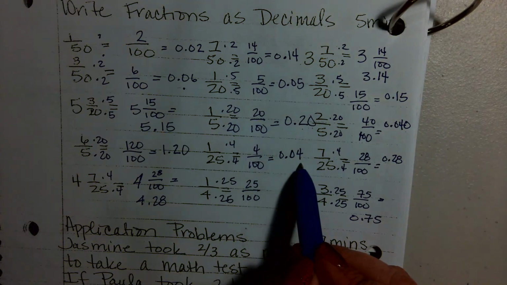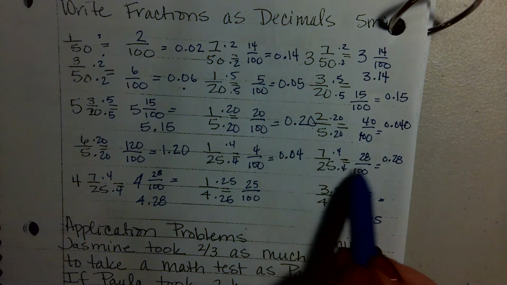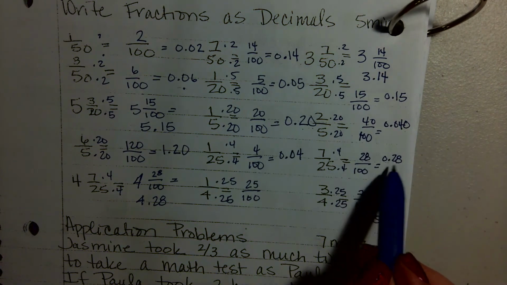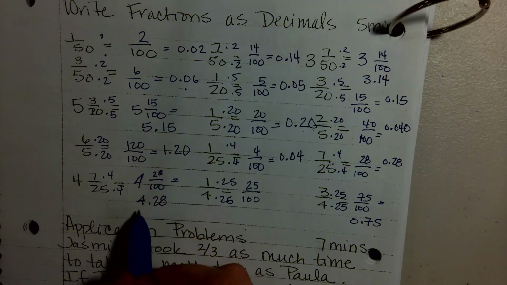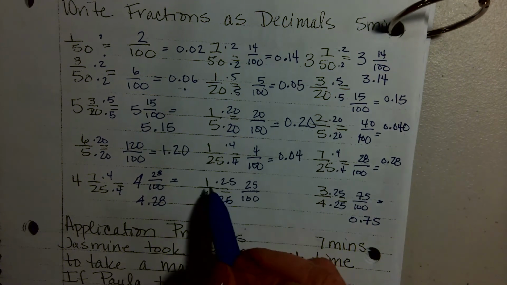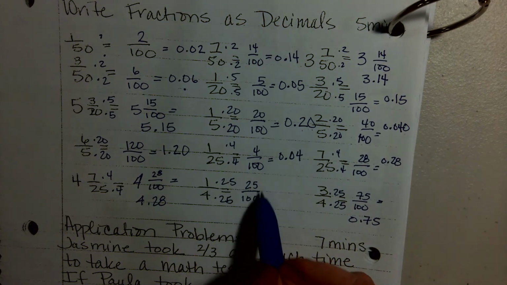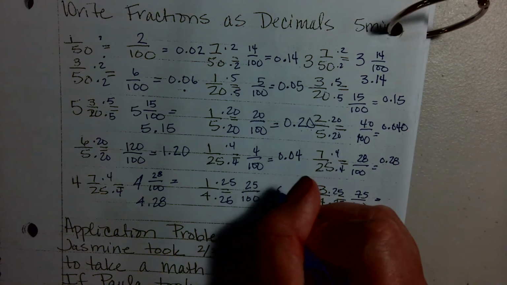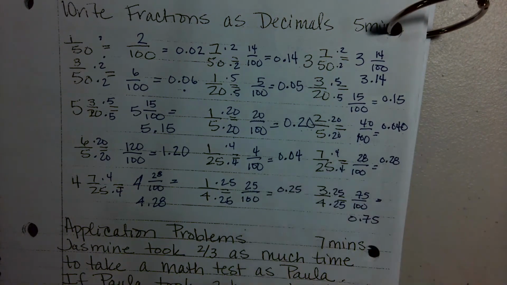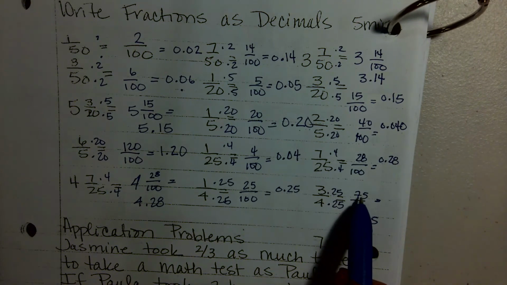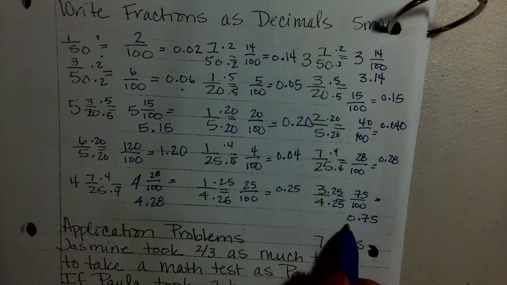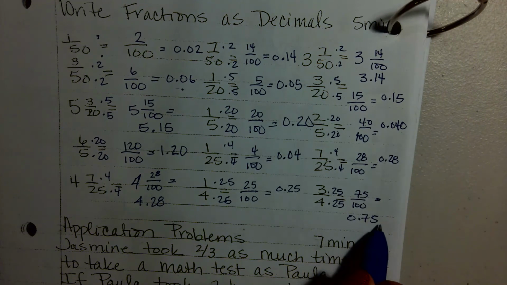Then 7/25 is 28 hundredths. 4 and 7/25, 4 and 28 hundredths. 1/4 becomes 25 hundredths. Oh, I forgot to write 25 hundredths. 3/4 becomes 75 hundredths.